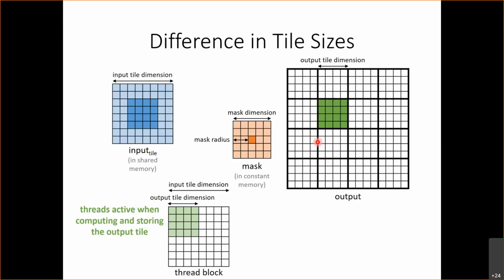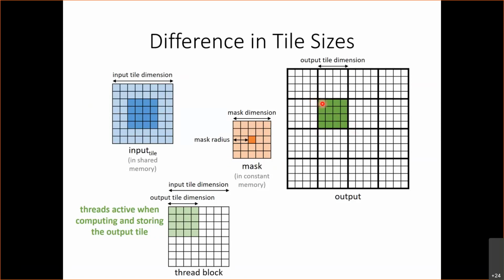Well, I have tile by tile, so I have tile squared output elements, and for each output element, I'm doing mask dimension by mask dimension, so mask dimension squared accumulations, and each accumulation is an addition and a multiplication. So I have tile size squared times mask dimension squared times 2 operations.